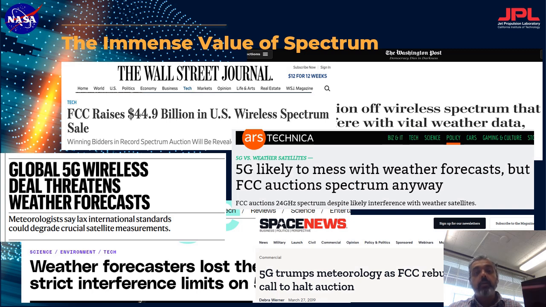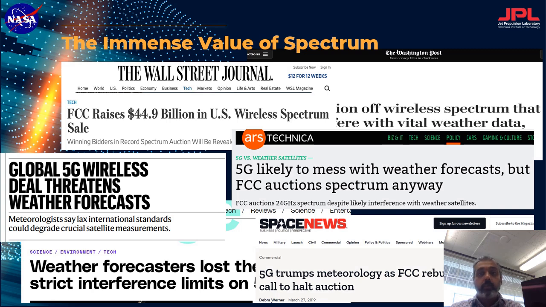Recently, there was some concern around the 24 gigahertz spectrum where the FCC auctioned it off for 5G. And if you remember, I showed you the water vapor line around 22 gigahertz. So the closer you get to those lines that are important, it might impact your weather forecasts.